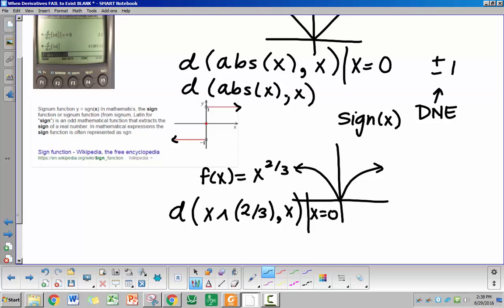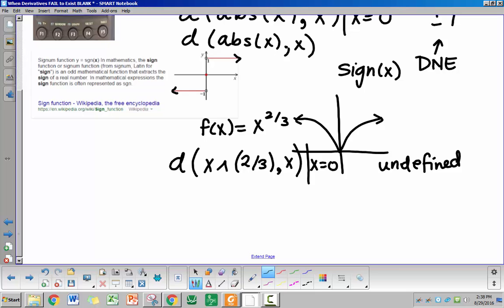So sometimes it'll flat out tell you. The calculator says undefined. And what does the calculator tell you the derivative is when you do that without x equals 0?